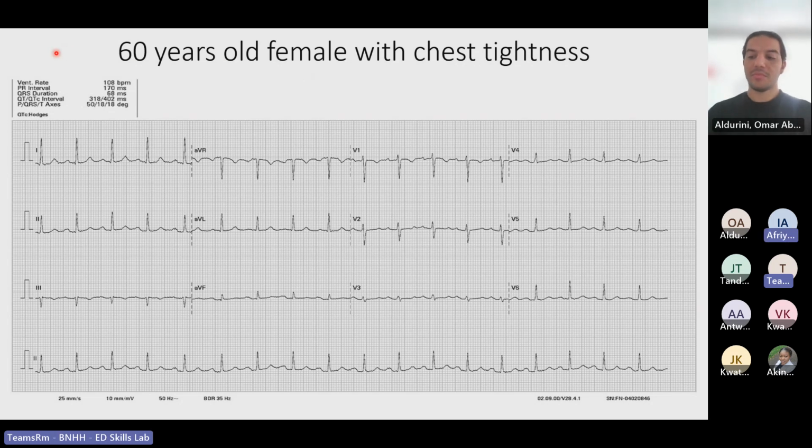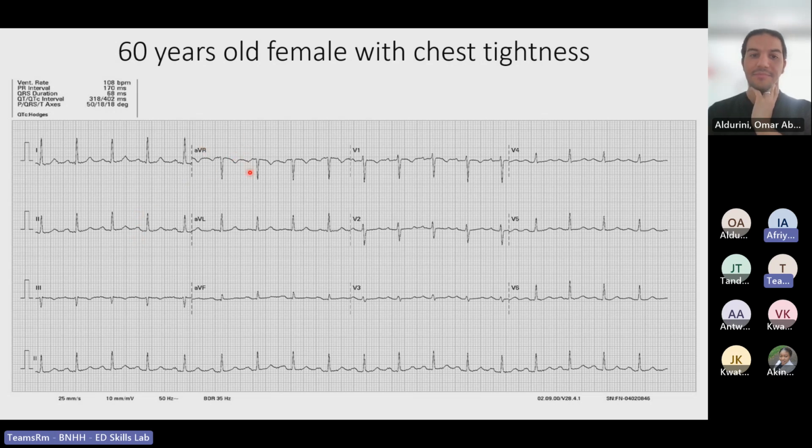I'll first check the standardization of the ECG. Beneath the ECG I can see my 25 millimeters per second, then the 10 millimeters per millivolt. I also check my lead 2, if my P waves are upright, and compare it to aVR.